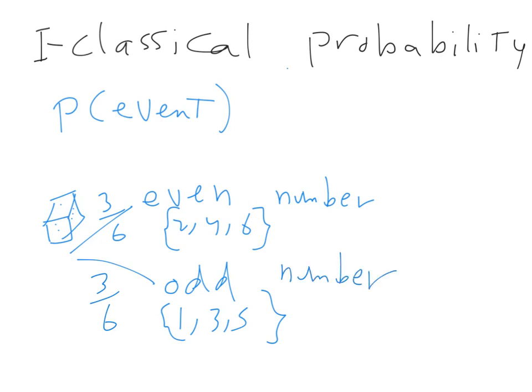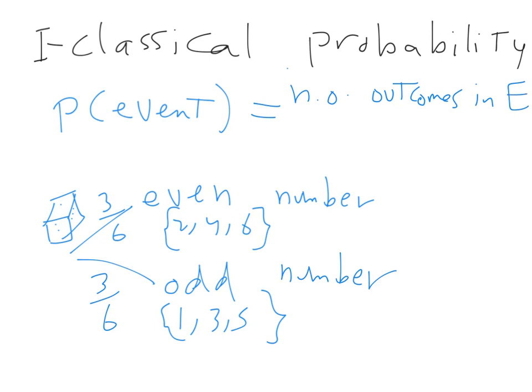Okay, so that means what? That means the rule is the probability of any event will be the total number of outcomes in the event. Let me write that as NO, so that's number of outcomes in the event.